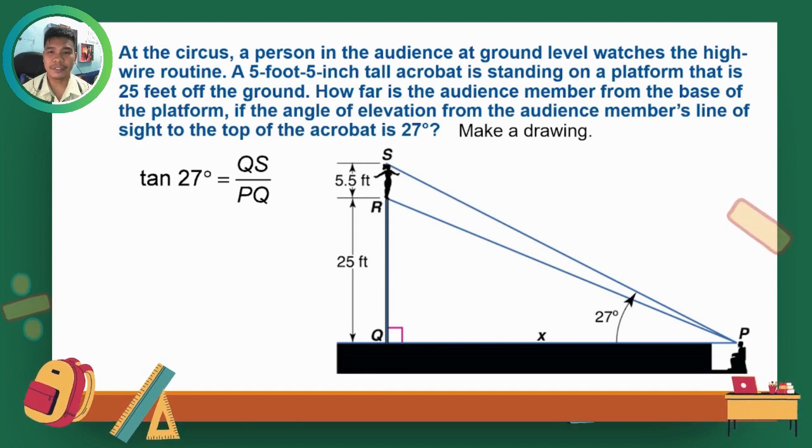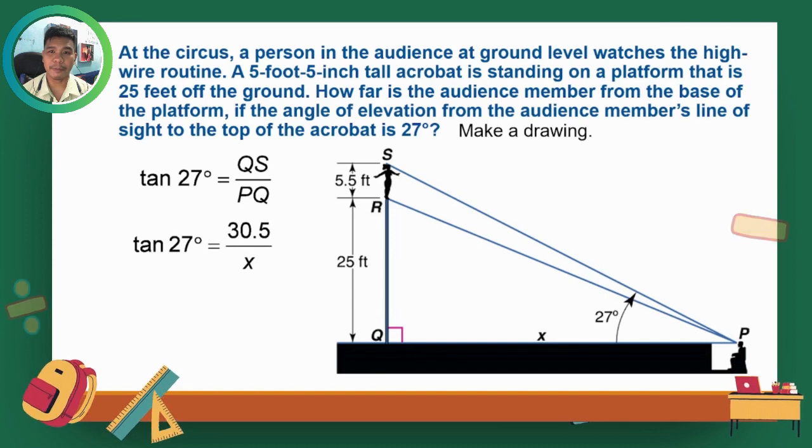So by substitution with the given data, tangent 27 degrees is equal to 30.5. 30.5 came from the sum of the height of the platform and the 5 foot 5 inch tall acrobat. That is 25 feet plus 5.5 feet. And that is equal to 30.5.